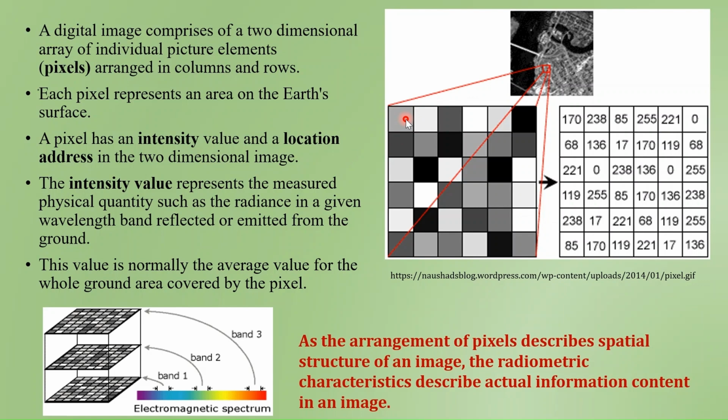The intensity is given in terms of the digital number, normally the average value for the whole ground area covered by that pixel.